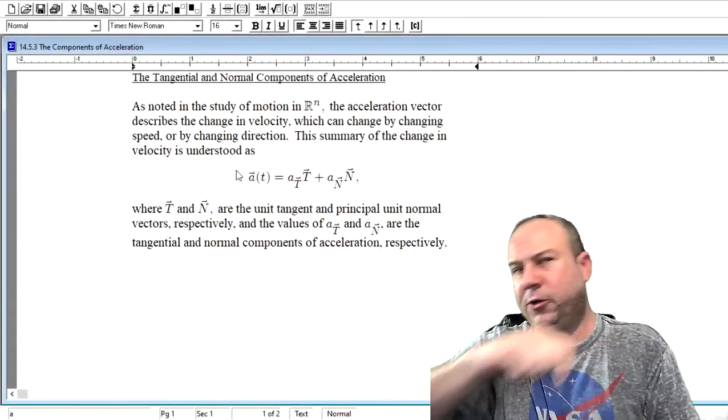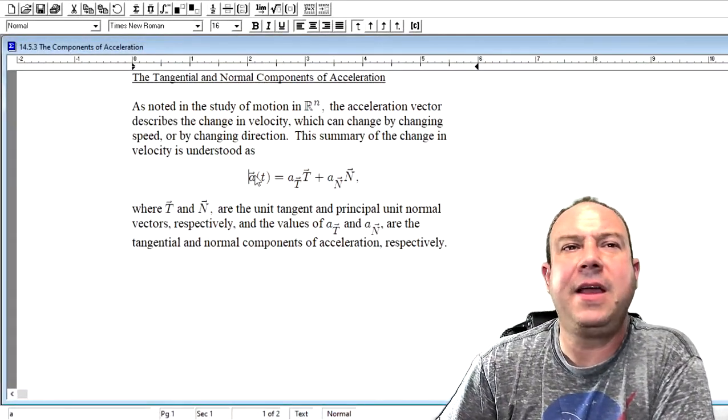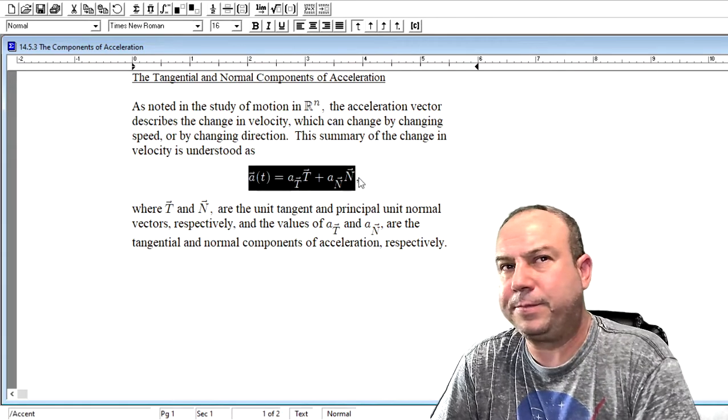When we see a description of acceleration given to us by a vector valued function, that is actually a summation of two descriptions. A description of change in velocity that's due to a change in speed, and a description of change in velocity due to a change in direction, highlighted by this summation seen here.